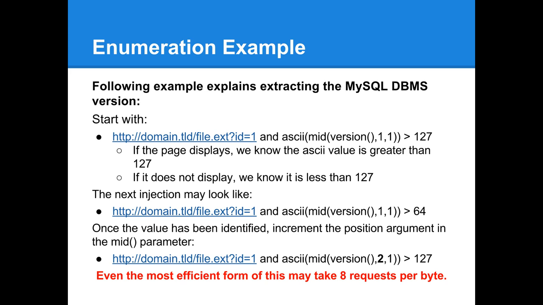This allows you to implement the binary search algorithm into your enumeration attack. And once the value for that byte has been identified, you simply increment the position argument in the mid parameter and iterate over each character of the string.